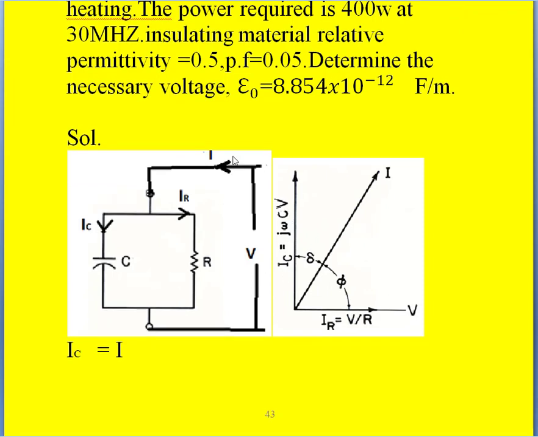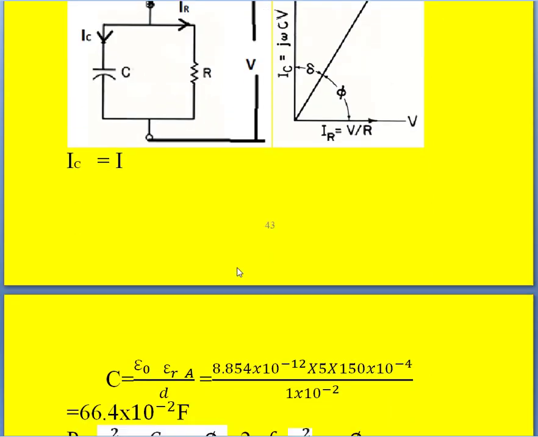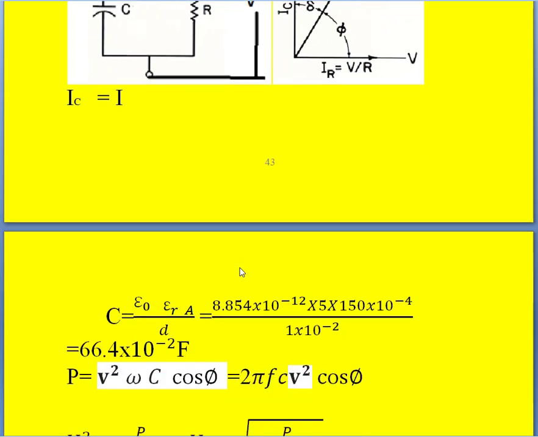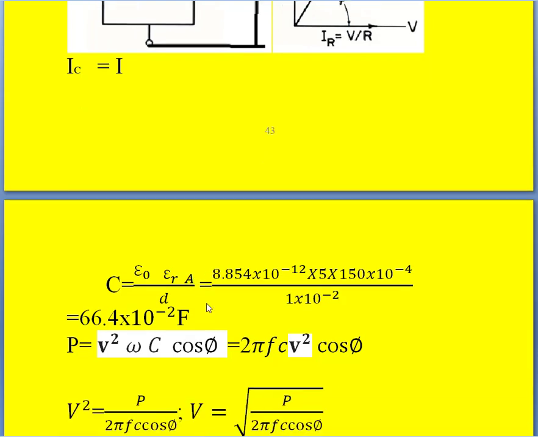So in this problem we take IC equal to input current I, and we also know the capacitance formula is epsilon naught epsilon R into area of the capacitor divided by the thickness of the dielectric material.